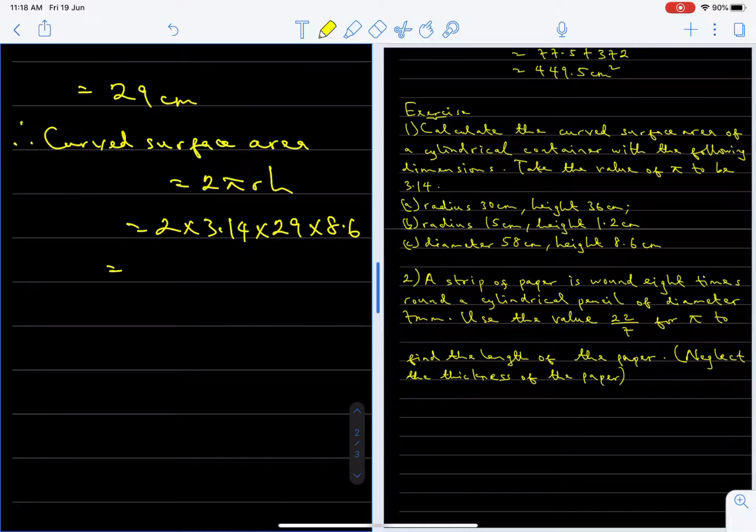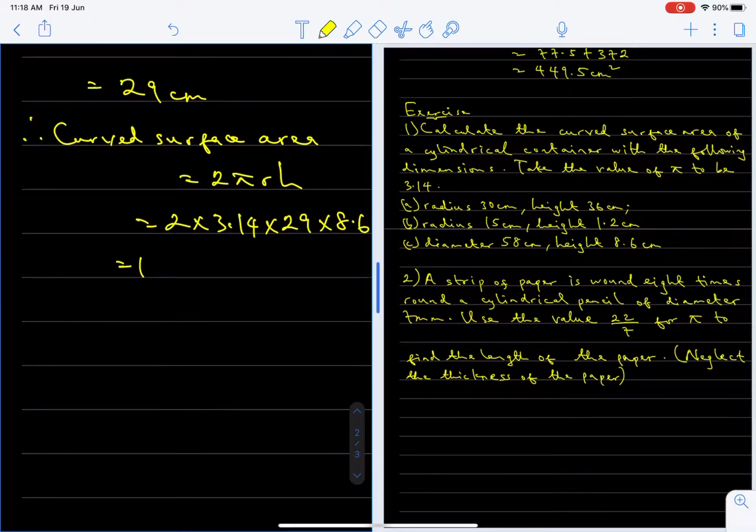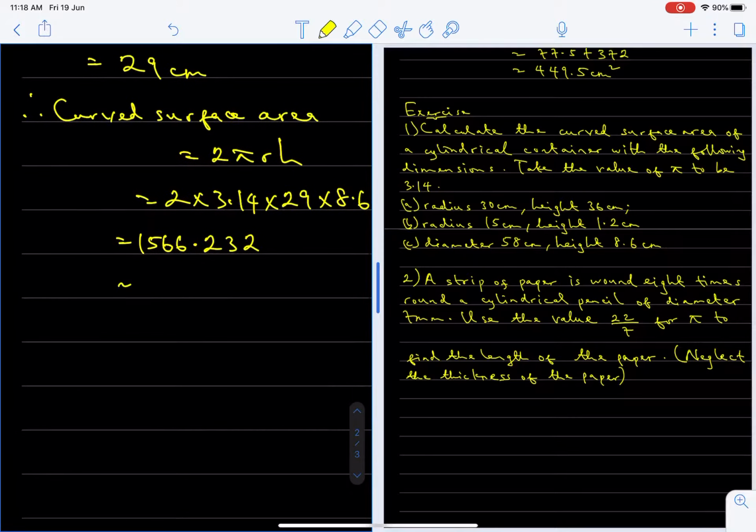That's 2 times 3.14 times 29 times 8.6. I hope that's very correct. That's 1,566.232 centimeters squared. And I want to approximate that to 2 decimal places. It's going to be 1,566.23 centimeters squared. And that's the answer.